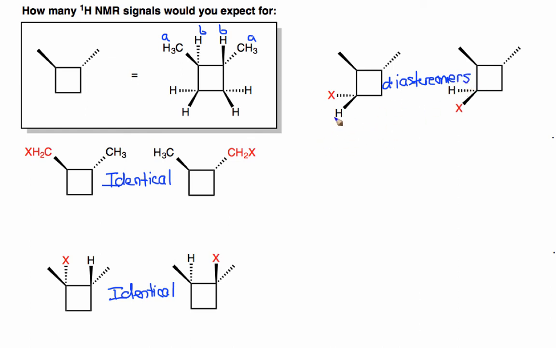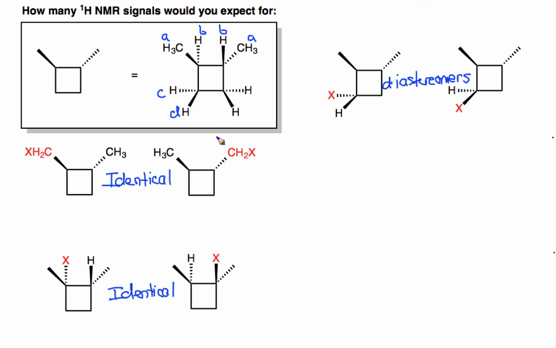If they're diastereomers, that means these two hydrogens must be chemically distinct. So they're different. We've already used A and B, so I'll make one of these hydrogens C, the other D. Those would show up as two distinct signals.